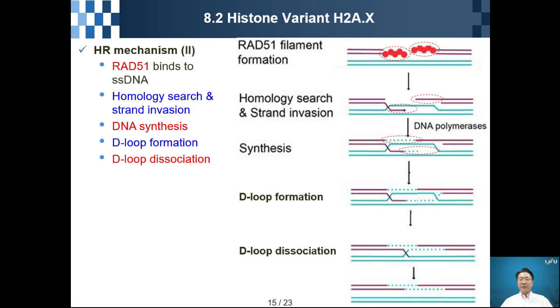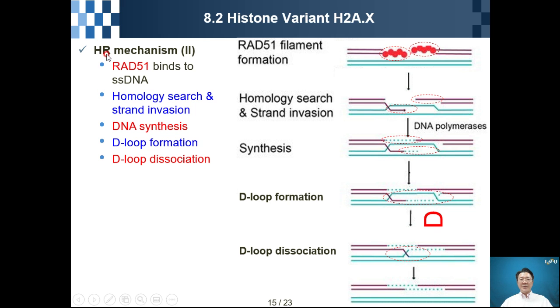After that, D loop formation happens. This looks like a D loop, so we call it D loop formation. After that, this D loop is dissociated. So finally, they make two DNA strands like this.